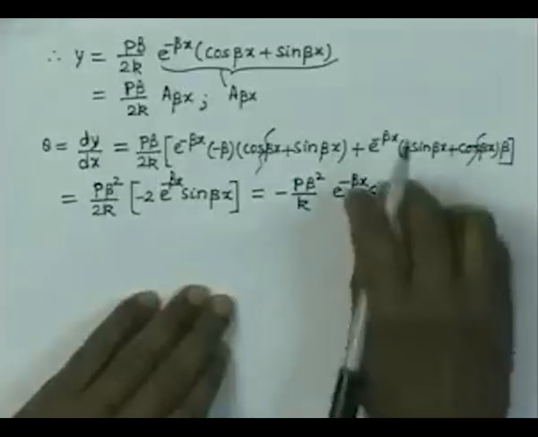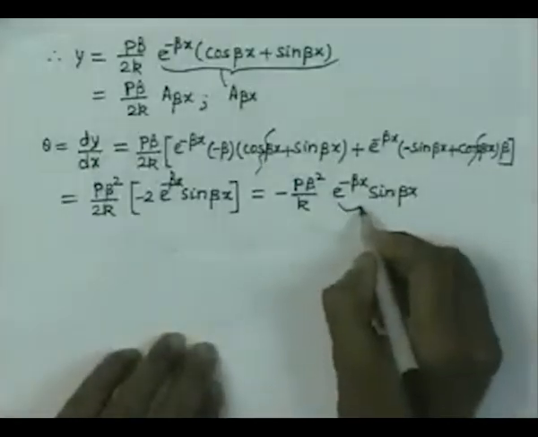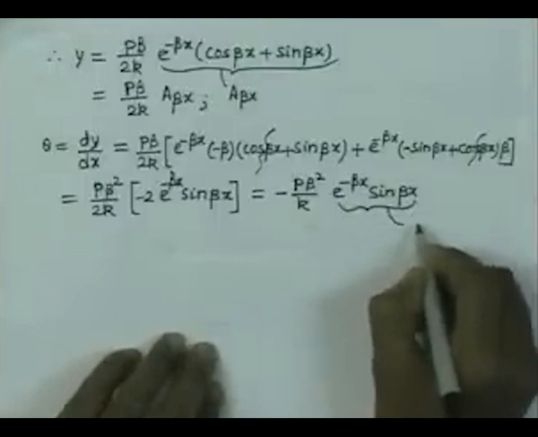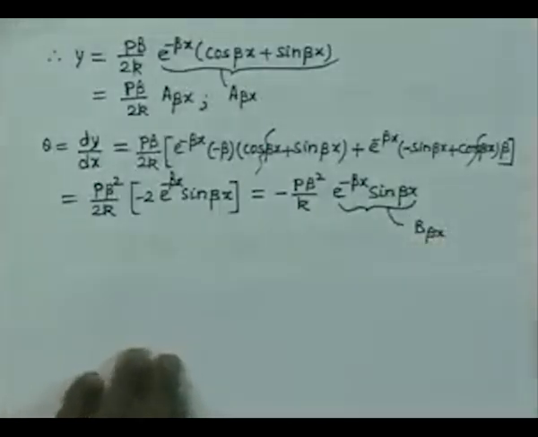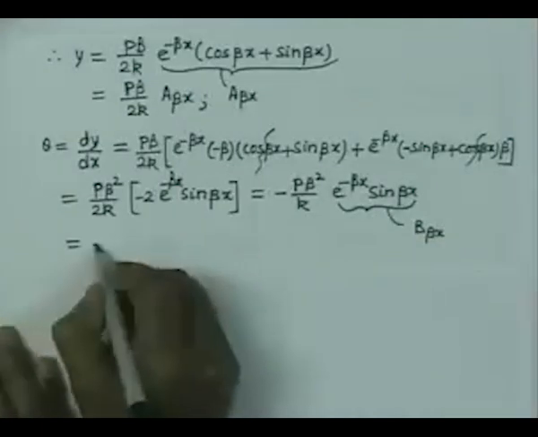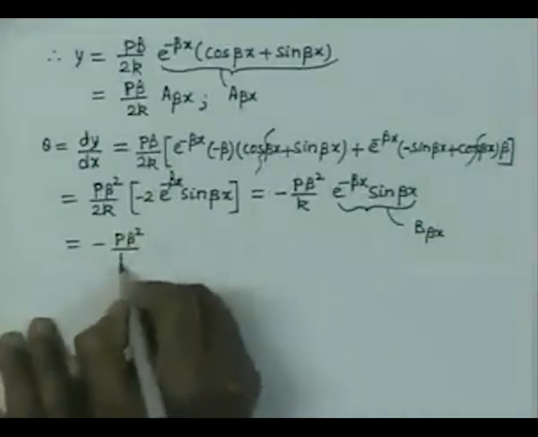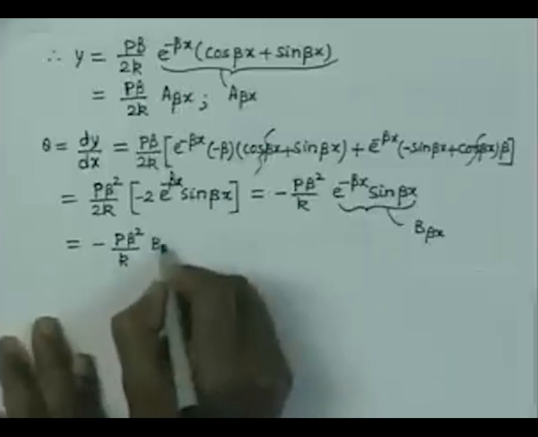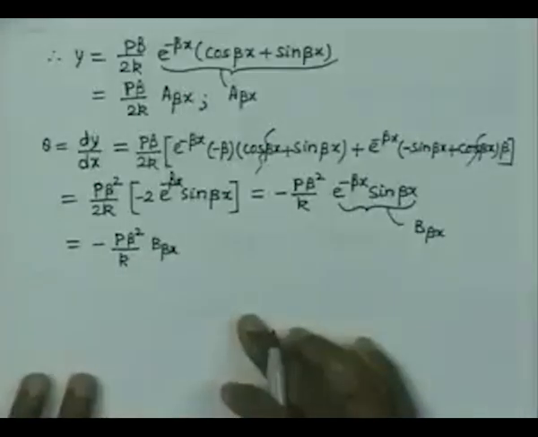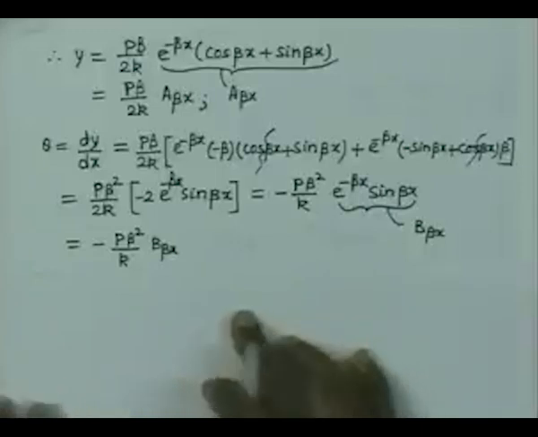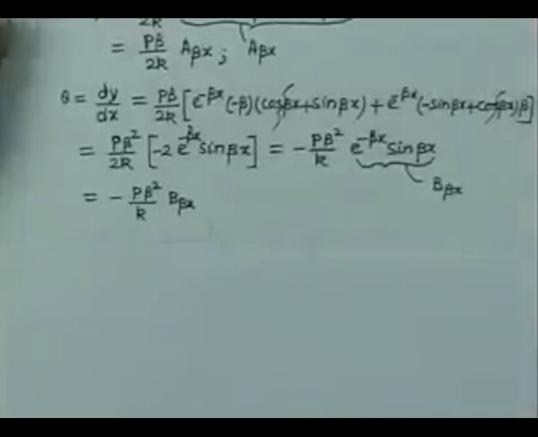Again, this is a standard function, and in fact, we represent this as B beta x, and therefore, with this symbol we have theta is equal to minus p beta square by k into B beta x. So, the value of this function is again available in tables.